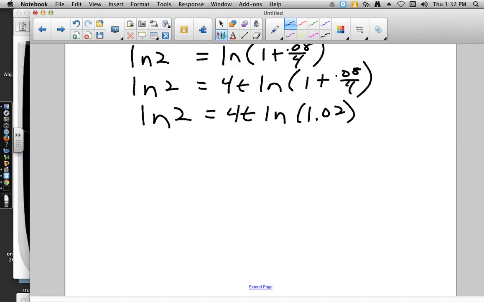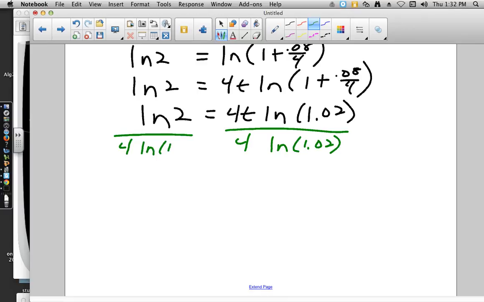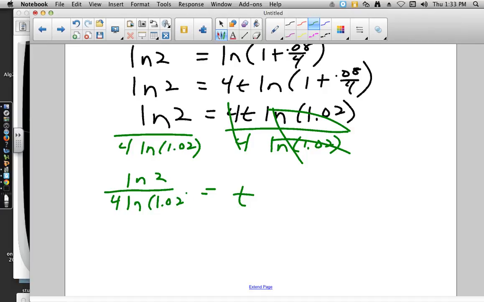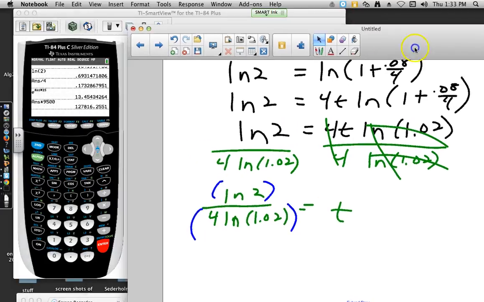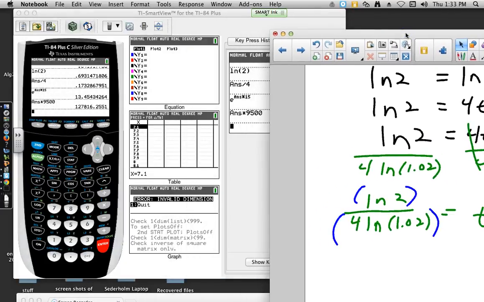Well, remember, we're still trying to get t all by itself. And the 4 and the natural log of 1.02 are just being multiplied times everything. So to get rid of that, we're going to divide. This is gone. So again, we just have to be careful punching everything in and make sure that we use parentheses, so our calculator knows everything that's going to go on, unless you wanted to do it in parts, which you also could do.